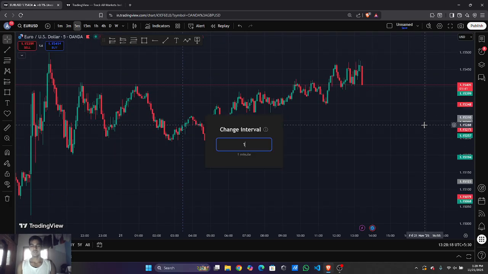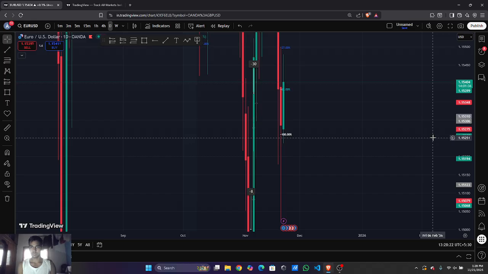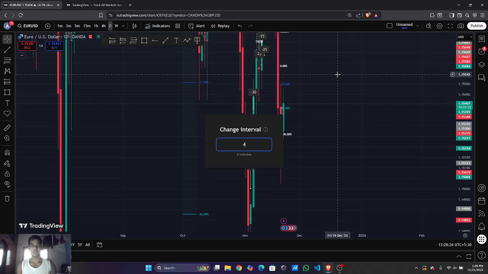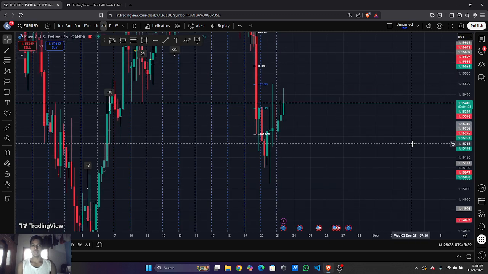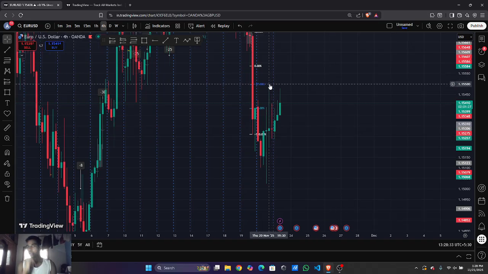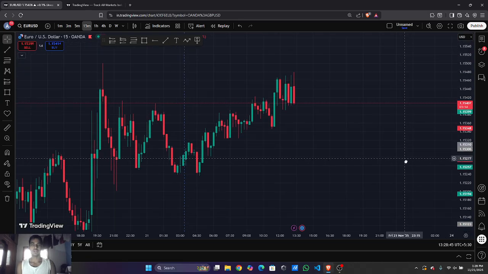And euro, it is bullish in daily. There is a fair value gap which can act as a magnet. After that it can continue lower, but first it has to sweep this high. There is no strength. There is no wick in the starting, but the closing is very weak. So it's in a range.